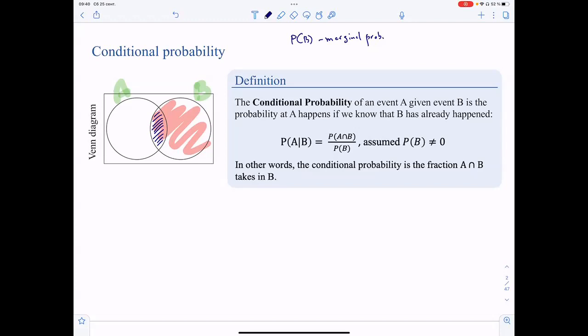And we said that the probability concept might be treated as a sort of area in terms of a Venn diagram. Right now, we say that the probability of A given B equals the probability of their intersection divided by the probability of B.